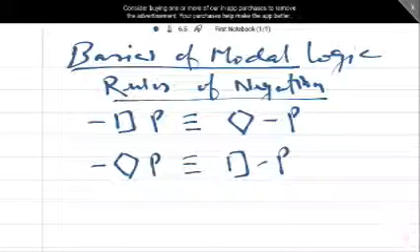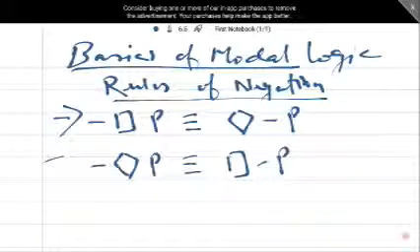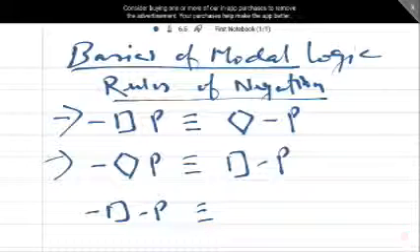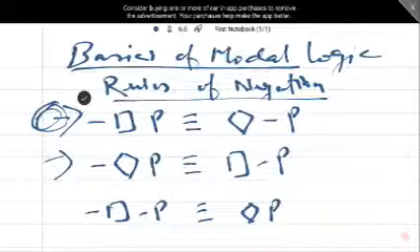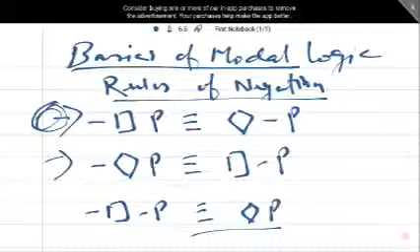All the other rules of negation would be just derivatives of these two. These are the main two. Like if you say not diamond not p is equivalent to not square not p, sorry, is equivalent to diamond p. So yeah, we have just used this rule to explain this one.